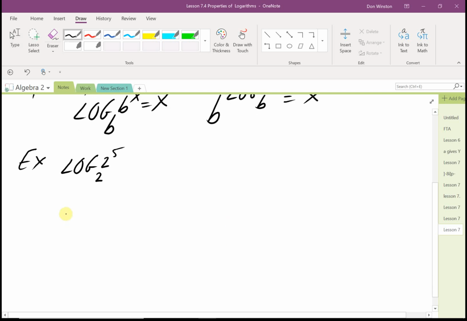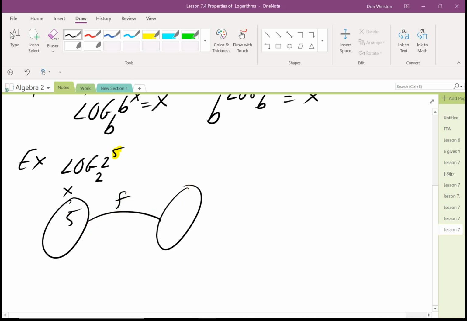Let's say my input x will be 5. So that's my 5 there. Then I have some function, and that function is going to be 2 raised to the x. So 2 to the 5th is going to be 32.